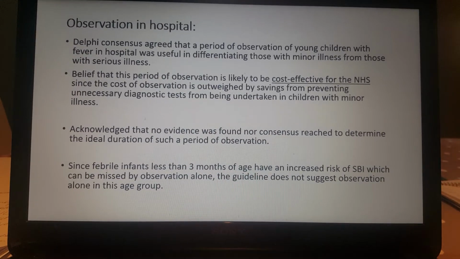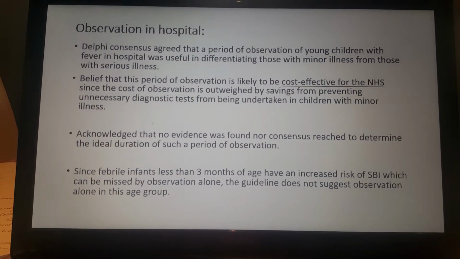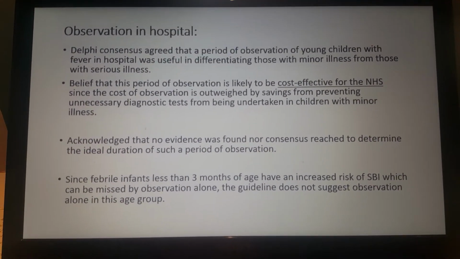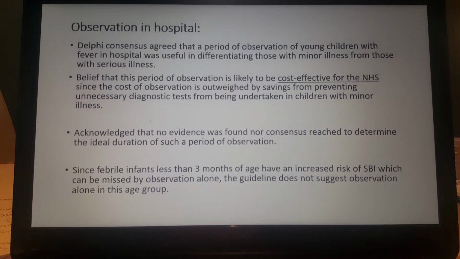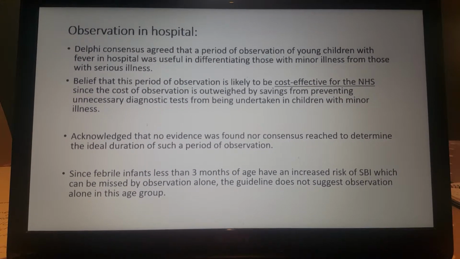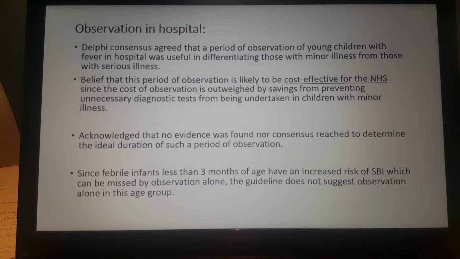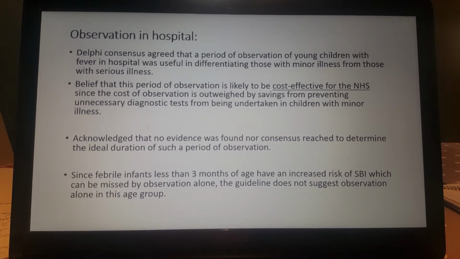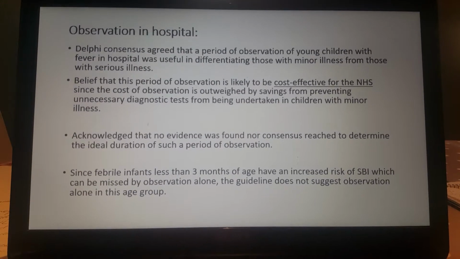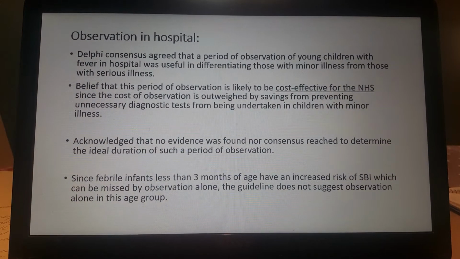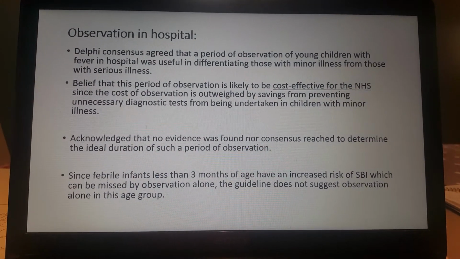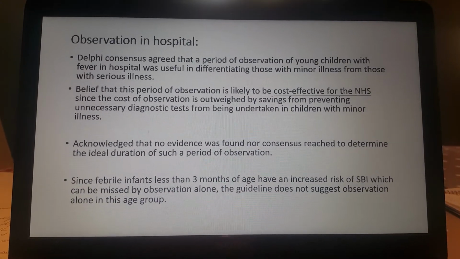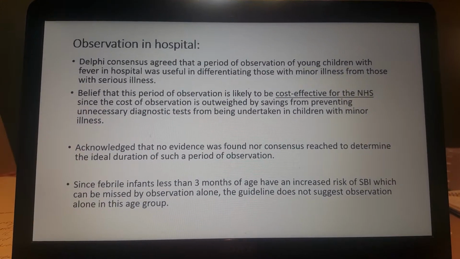An important thought is the evidence for observation in hospital, because we do tend to observe febrile children for a period of time in hospital, to see if they will improve or potentially get worse. Again, there was limited evidence, so they had to use a Delphi consensus for this, and their consensus agreed that a period of observation in young children was useful in differentiating those with a minor illness from those with serious illness.